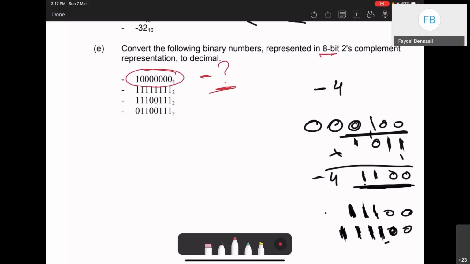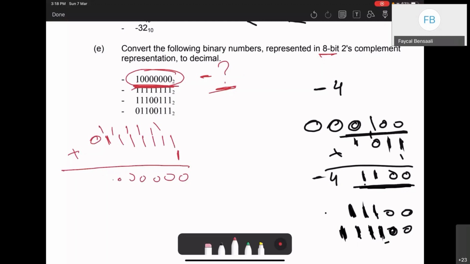We have 2 methods. You can either do the 2's complement again here. So if I do the 2's complement again for this one, I will get 1, 1, 1, 1, 2, 3, 4, 5, 6, 7, 8, plus 1. Zero, zero, zero, zero, zero, zero, 0.